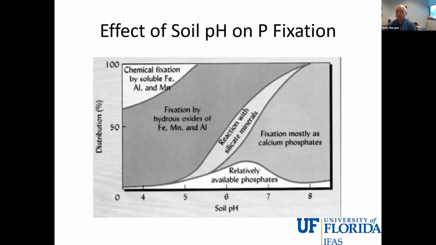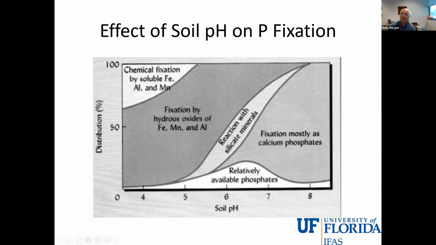This is just an illustration of the same type of effect. 6.5 is where you have readily available phosphates. Then as you go down, it's fixed primarily by iron and aluminum. Manganese enters into that as well.